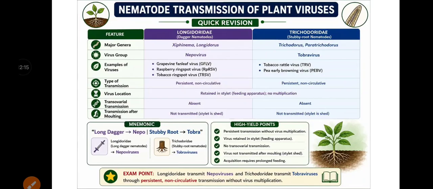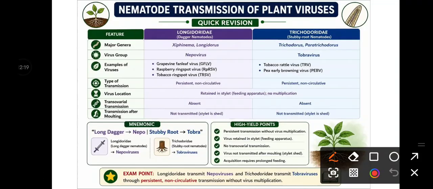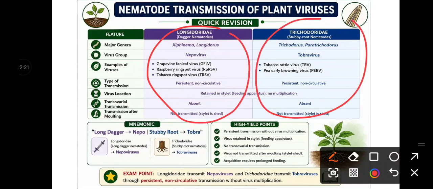For quick revision, remember these two tables are very important: Longidoridae and Trichodoridae. The major genera are Xiphinema and Longidorus for the Longidoridae family, and the Trichodoridae family includes Trichodorus and Paratrichodorus. Viruses transmitted by the Longidoridae family are Nepovirus, and Trichodoridae nematodes transmit Tobravirus as well as Nepovirus.